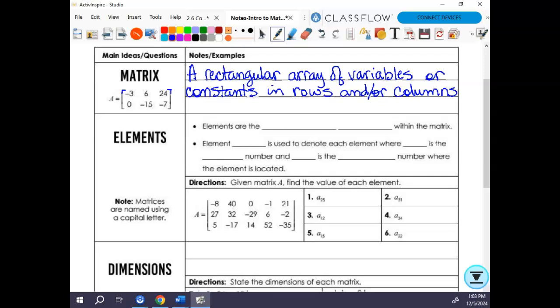So a rectangular array of variables or constants in rows and/or columns, usually enclosed in brackets.